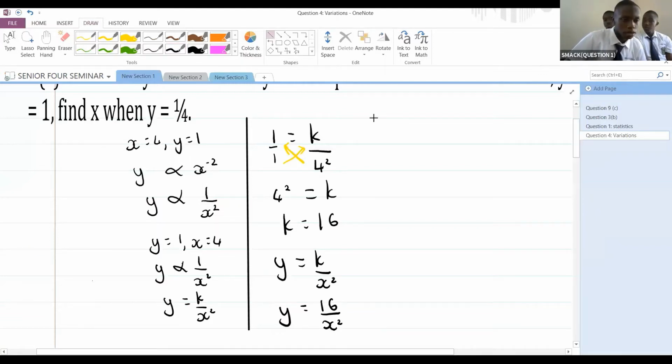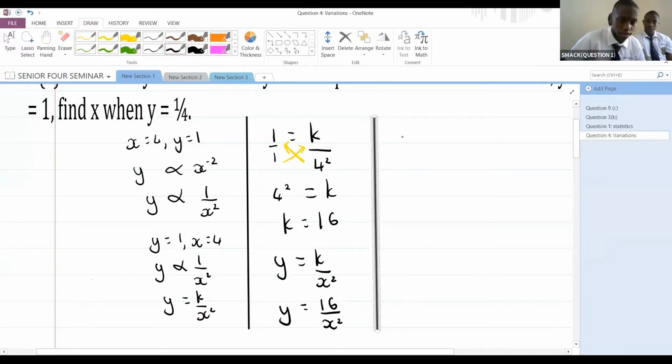Now we are required to find the value of x when y is a quarter. So when y is a quarter, you don't have the value of x. So where there is y, you put a quarter. So this will be equal to 16 out of x squared.